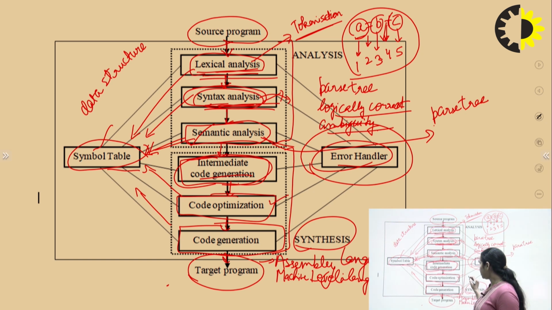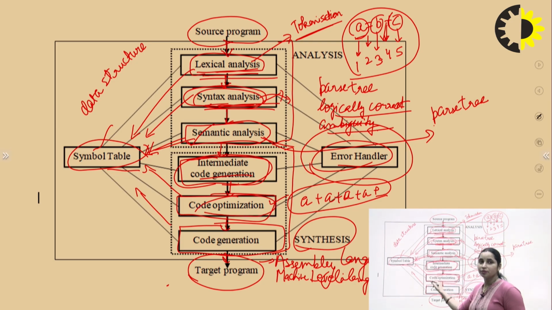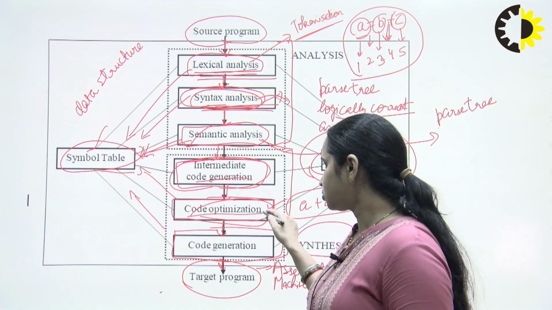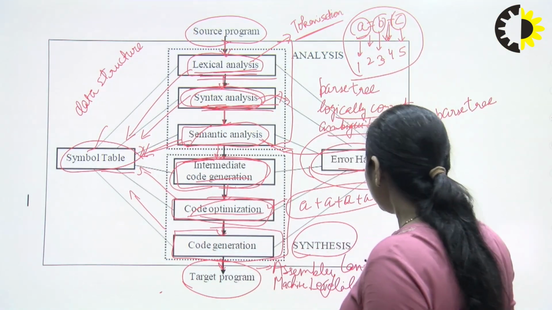Suppose we have written A plus A plus A plus A many times. How can we optimize this line of code? There are some replications, or we can use some loop and all. So the code is optimized. Whatever code is generated by intermediate code generation is optimized by the step that is code optimization.